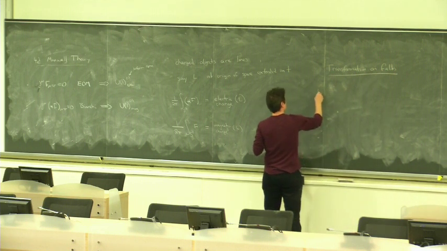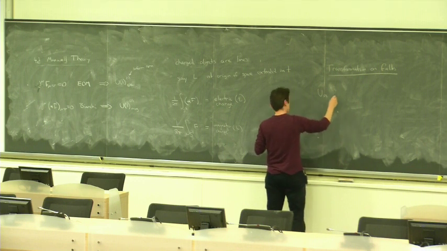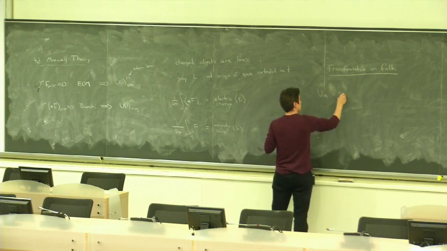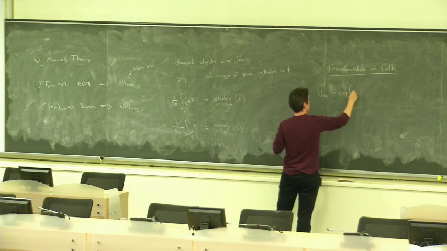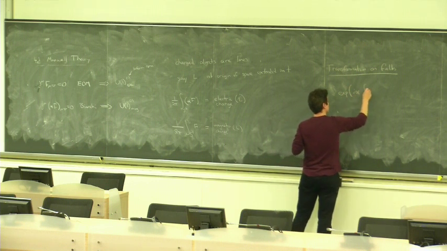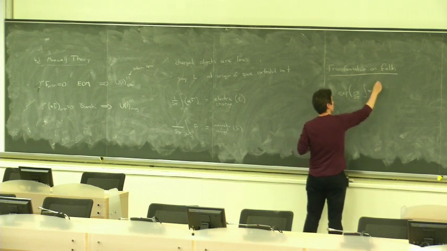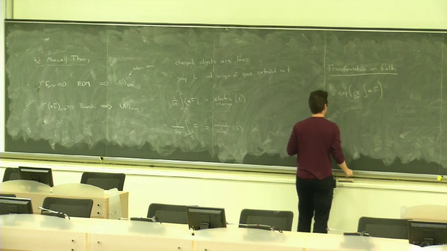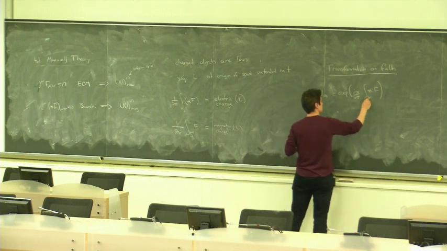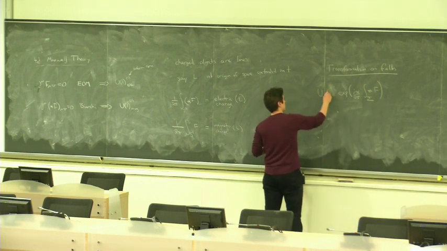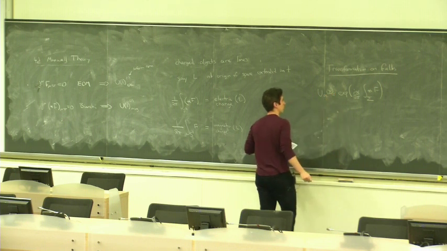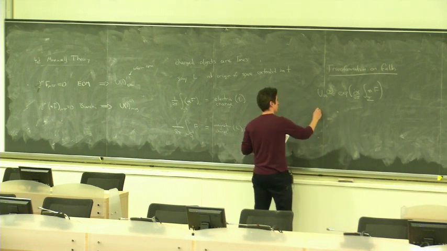So let's examine U alpha for the electric one-form symmetry. I guess I should put a 2 pi if I'm really being consistent. So it's defined on sigma. What would sigma be? Sigma is some 2 manifold. So we'll work locally.